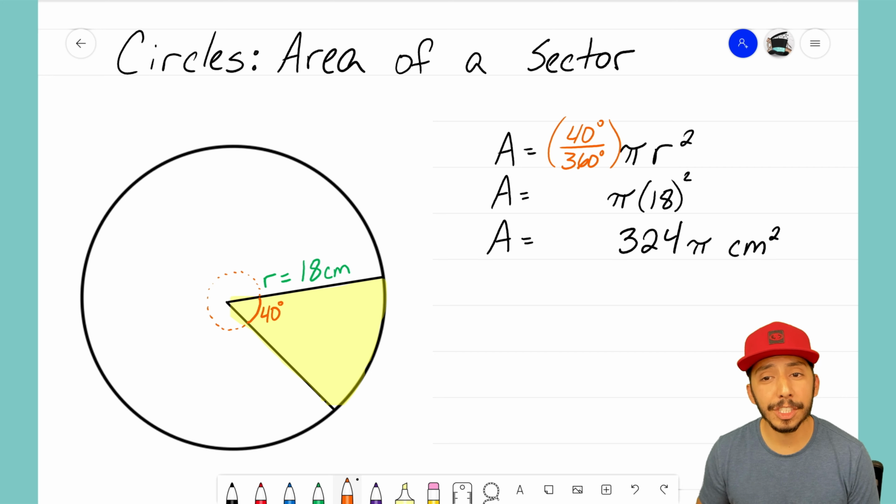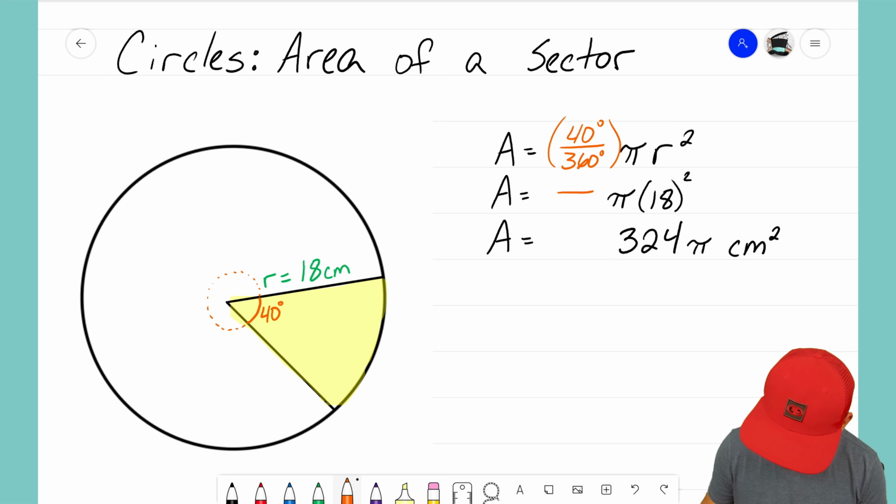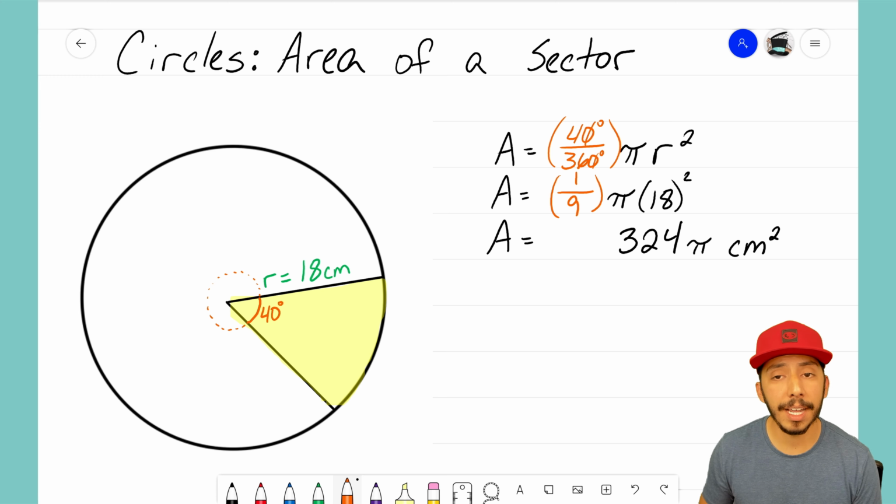Well, 40 over 360, I think we can reduce that fraction. Let's see, the zeros would cancel, so I have 4 over 36. I believe 4 goes into 36 9 times. So 40 over 360 is really the same thing as writing 1 over 9. That means that this is a ninth of the whole circle.